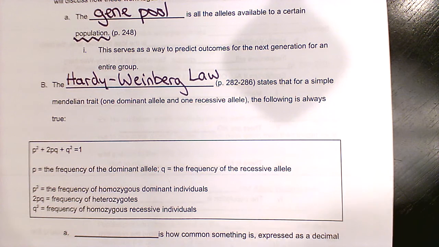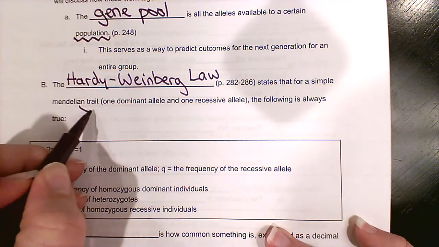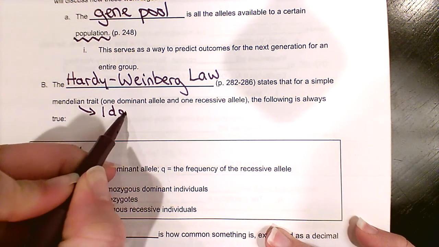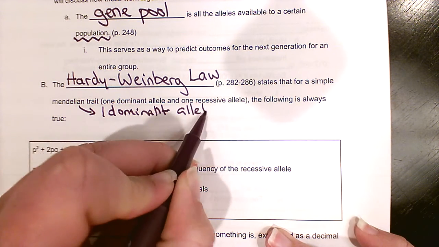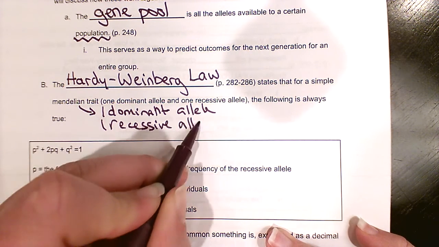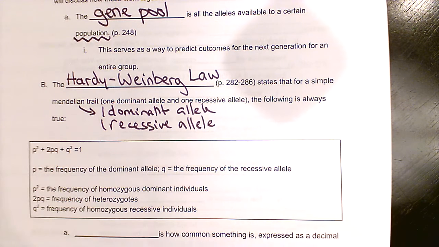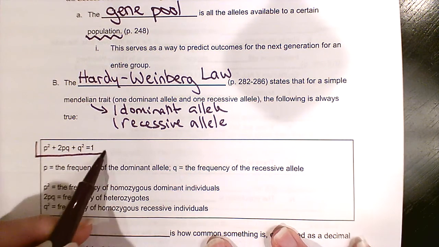But it states simply that if you have a Mendelian trait, which remember is one dominant allele and one recessive allele, and this is only talking about Mendelian traits, none of that polygenic stuff or codominance or any of that, then the following is always true.